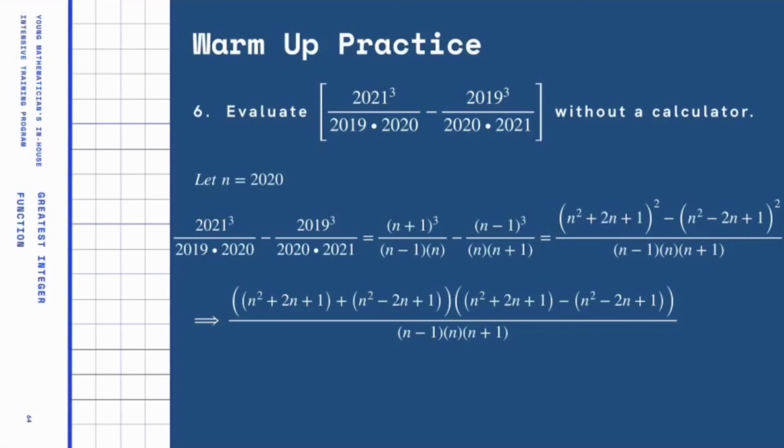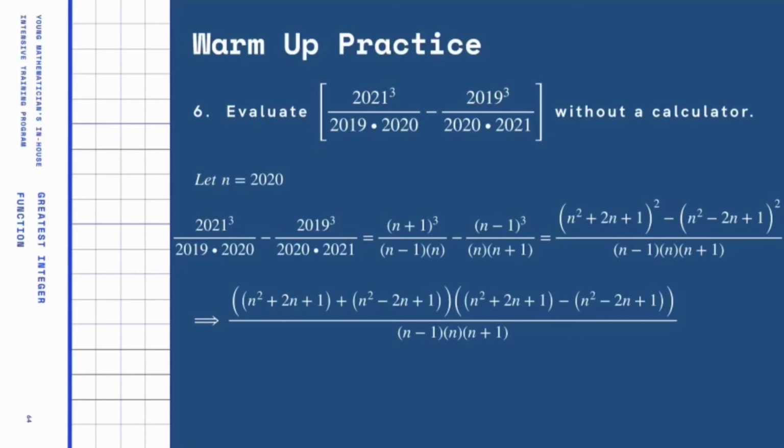Now, simplifying these products, the first expression is equal to n squared plus 1 plus n squared plus 1. So that's 2n squared plus 2. And the second expression, we get 2n minus negative 2n. That's 4n.